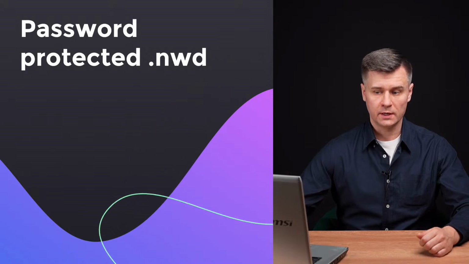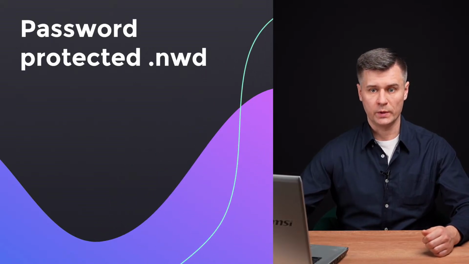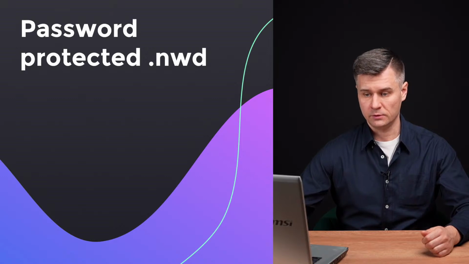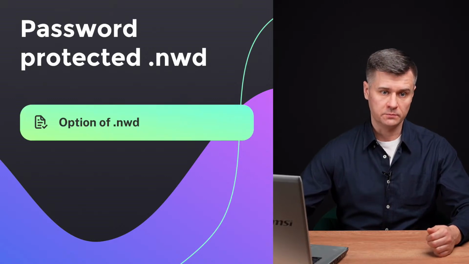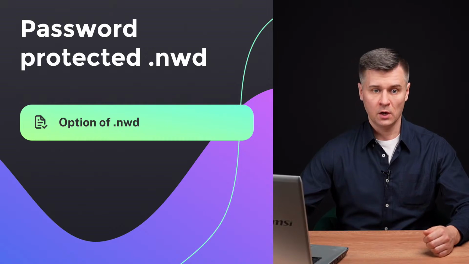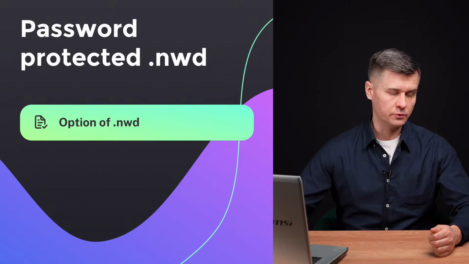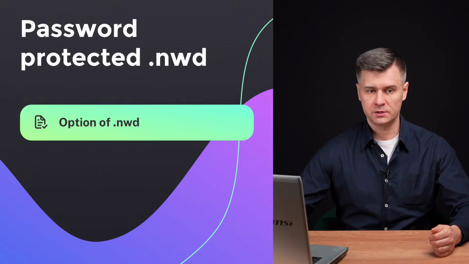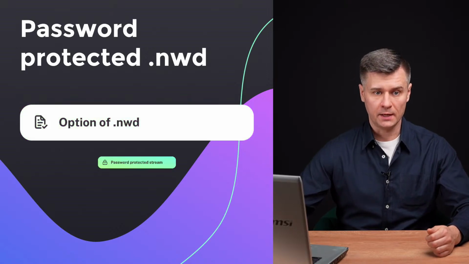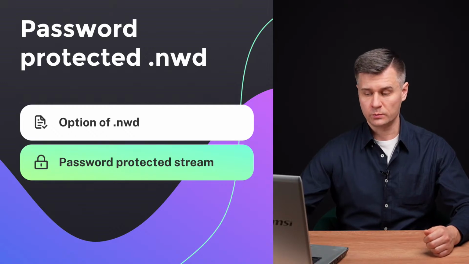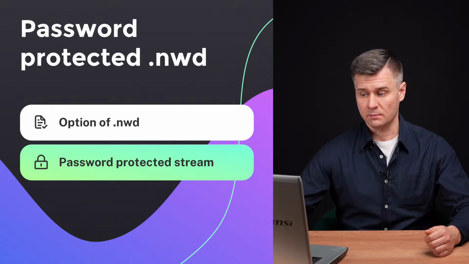But when reading, most likely some of you face the situation when you have a password protected NWD file. First of all, as mentioned, it's an option of NWD only. During file exchange, some of the developers of the models wish to keep their intellectual property, and thus they introduce this password protection when a stream in an NWD file is encrypted with some password.